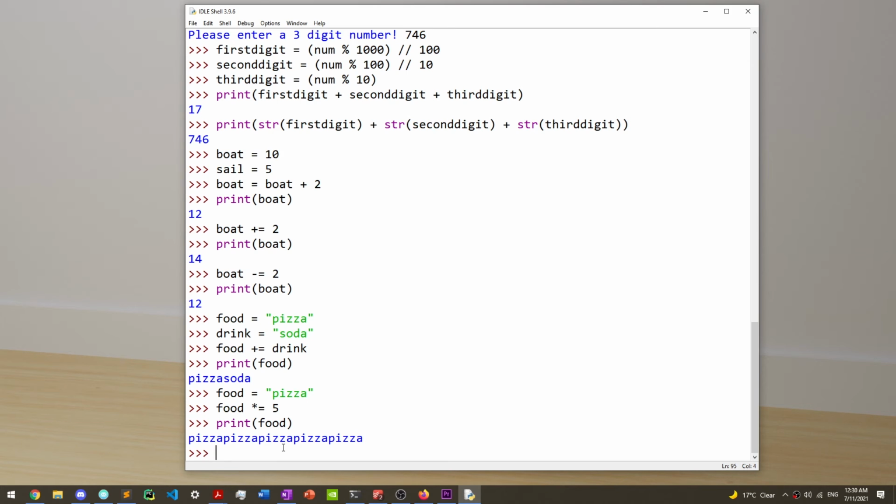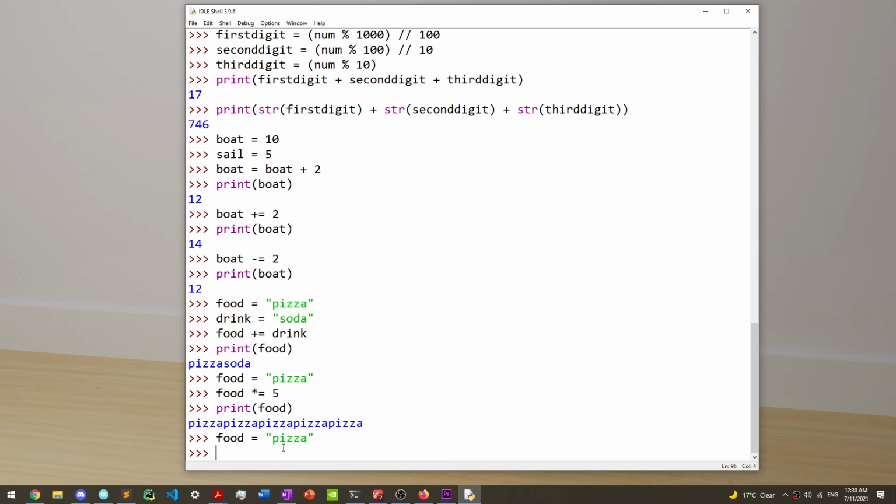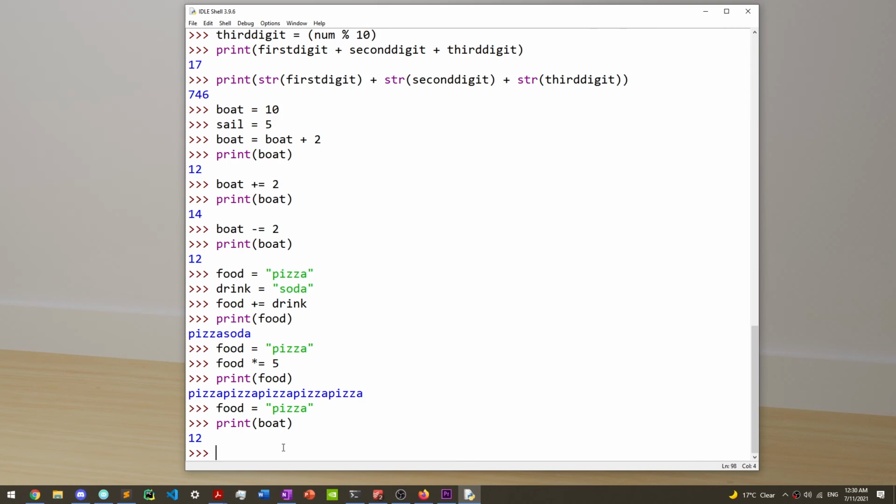Cool. So let's reset food back to pizza so we don't have too much pizza on our plate. And what we're going to do is we're just going to say, for example, boat divided equals sail. Now, right now, let's see what the values of boat and sail are. We can see that boat is equal to 12 and sail is equal to 5.